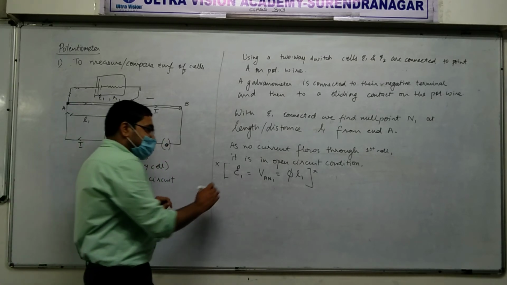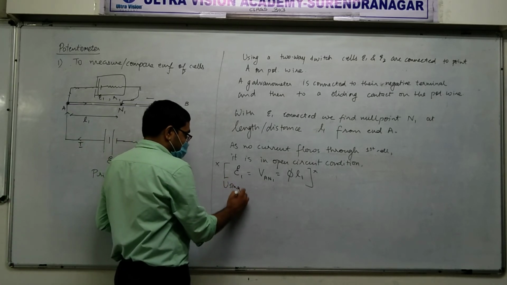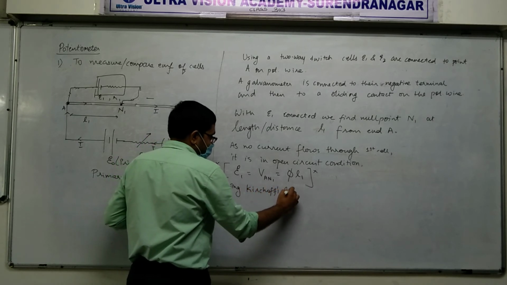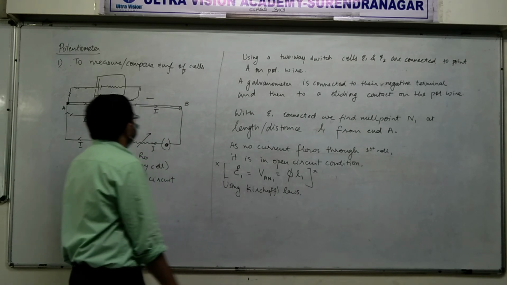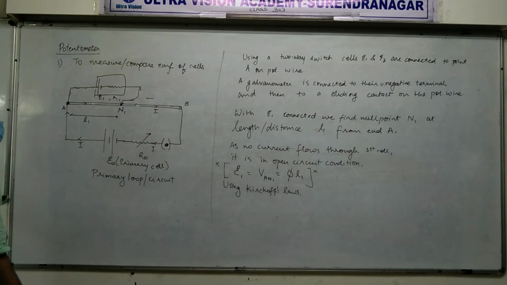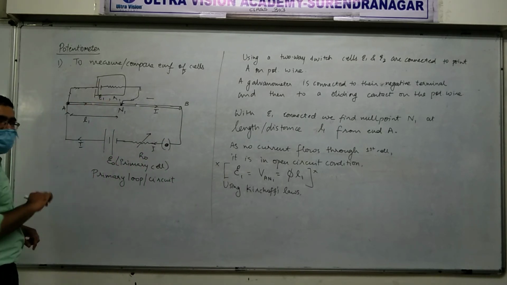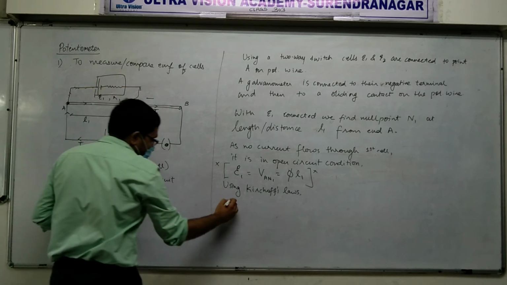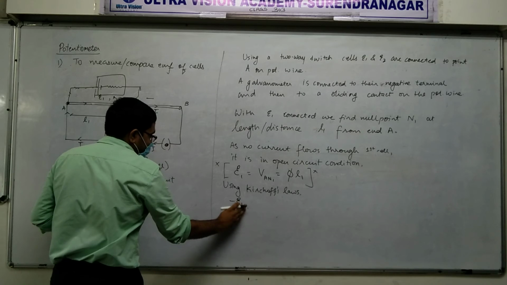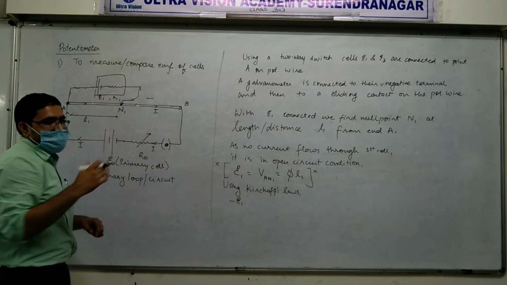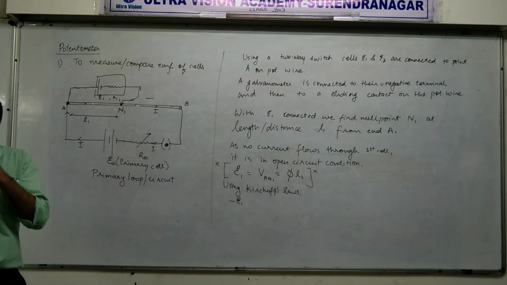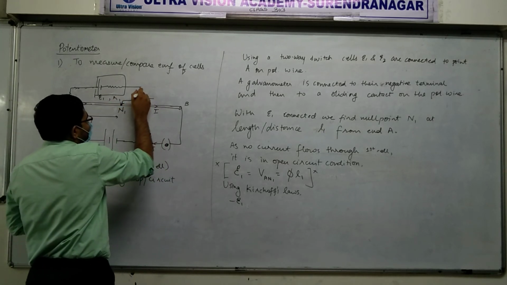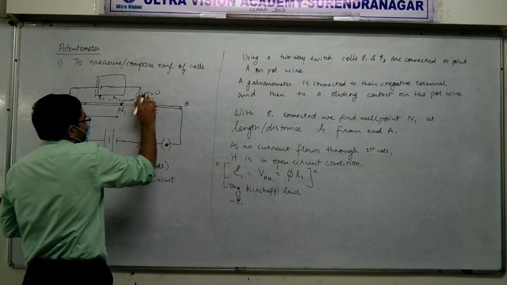Using Kirchhoff's law or rules, let's say we go from this to this to this. So first, minus epsilon naught. Do you understand? Then in the resistance, nothing, because current is not flowing. Then we come to N1. The galvanometer is here, nothing there either, because current is not flowing.